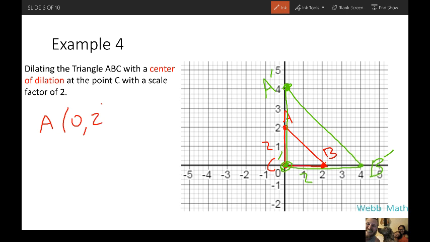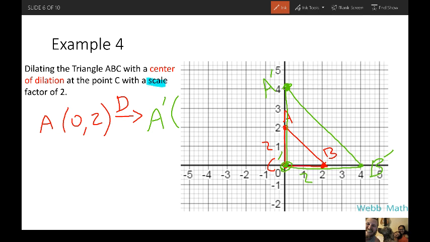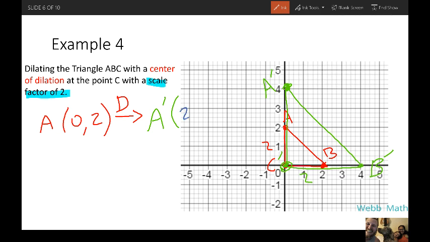Now when you dilate from point C, this will happen to you. So when we dilate, okay, that's D for dilate, all you're doing for A prime is you're taking your scale factor, and I'll go ahead and remind you our scale factor was 2.